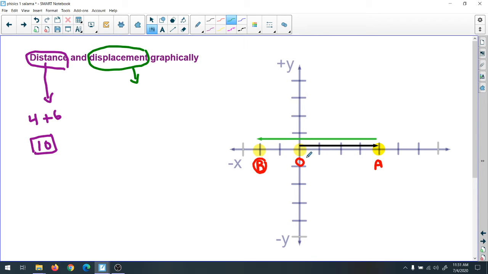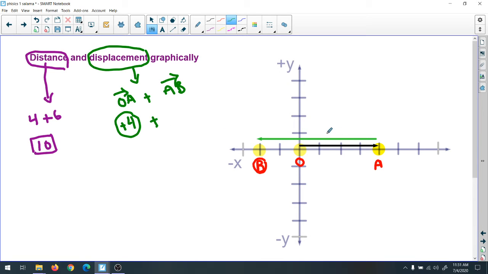So we have to mention direction with displacement, from O to A, and then we move from A to B. From O to A, 1, 2, 3, 4. It is 4, but it's positive. You have to mention direction. Positive 4.